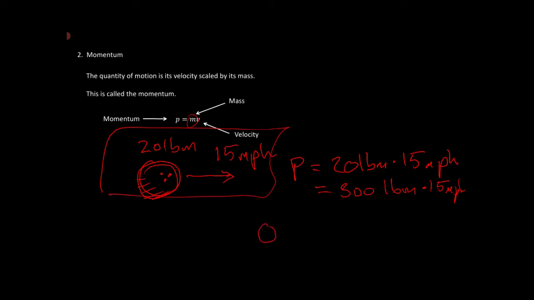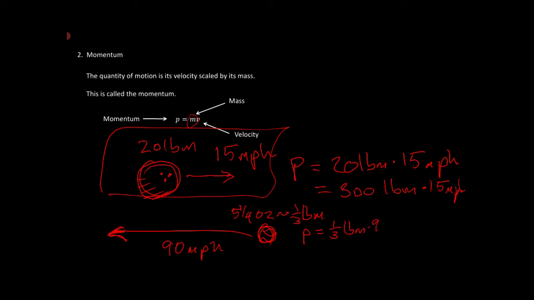Now, if I take something smaller, like a baseball, it's going to go really fast. Let's say it's pitched at 90 miles per hour. A baseball weighs about 5 1/4 ounces, which is just about 1/3 of a pound. So we'll use little p equal to 1/3 of a pound times 90 miles per hour. Make it minus 90 miles per hour because it's going to the left.